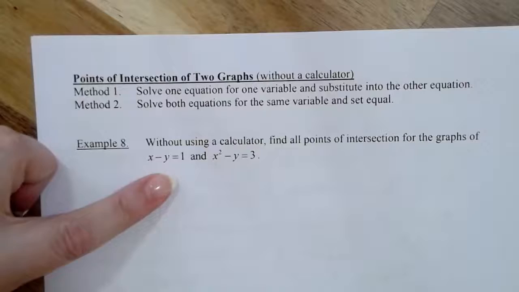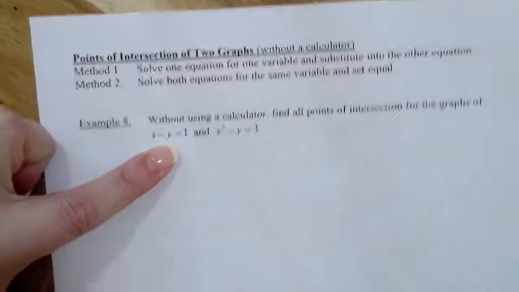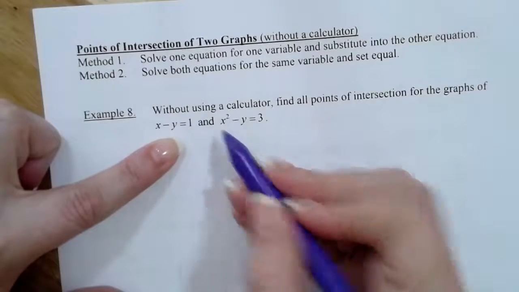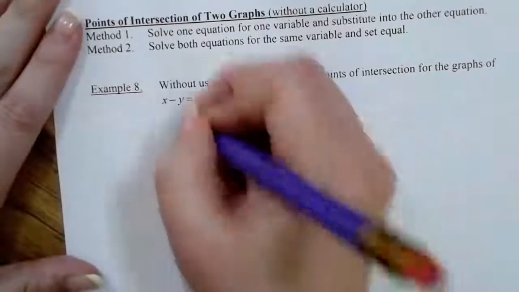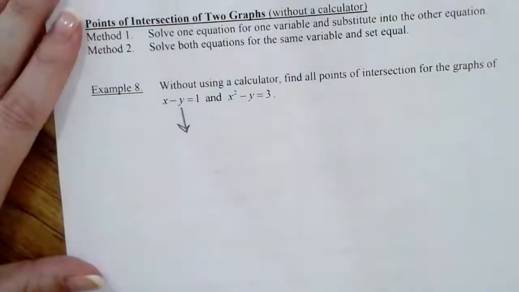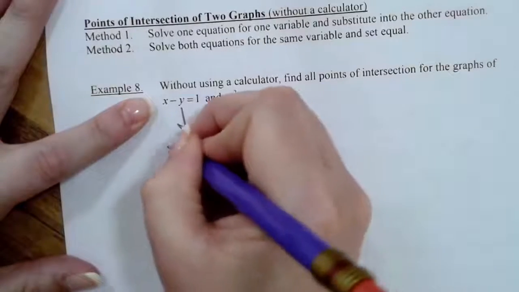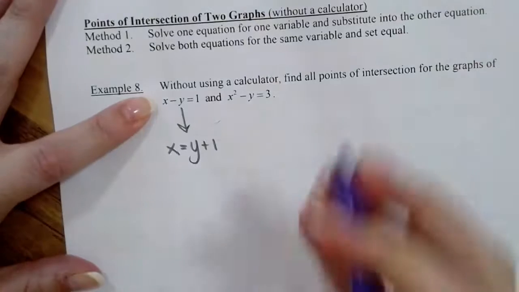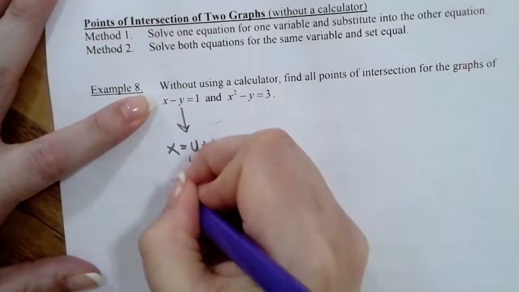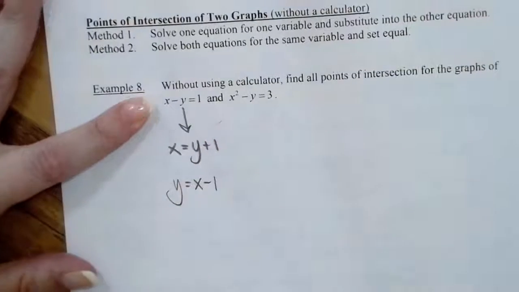I think getting y by itself is probably going to be the easiest because y is not squared and x is. So I'm going to take this one right here, and I'm going to solve for y. So I've got x equals y plus 1 when I add the y over, subtract 1, and I have y equals x minus 1.